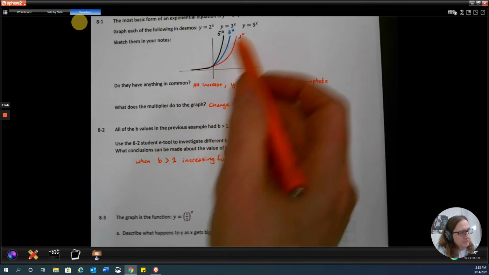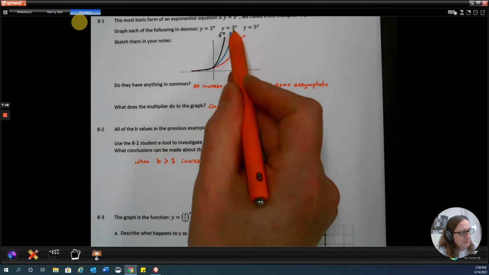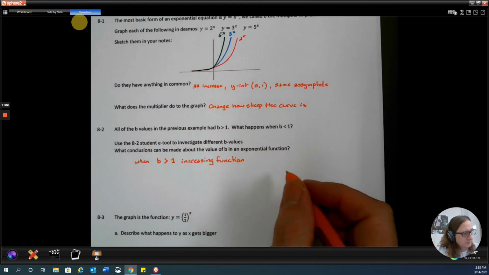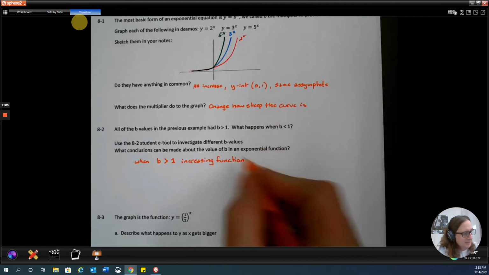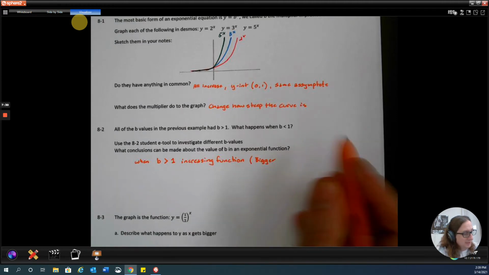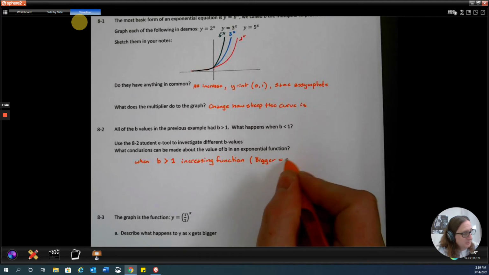Just like all these three. All of these, the b value is bigger than 1, and it makes an increasing function. And we saw when the b value was bigger, it was steeper.